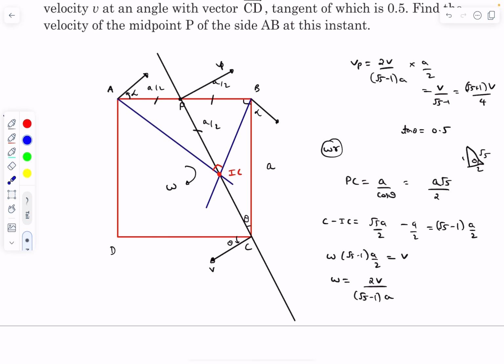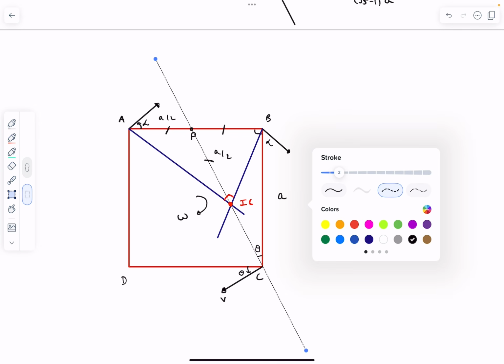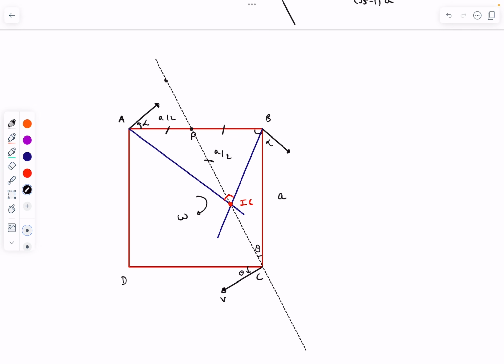So another point which satisfies both the constraints that we just discussed is the point somewhere over here, which is exactly the distance of A by 2 from P. So let's try to draw that point. If I extend this line, this can be another location for the IC as well. If I say IC dash P distance is A by 2, then once again I can ensure that this angle is 90 degrees, right?